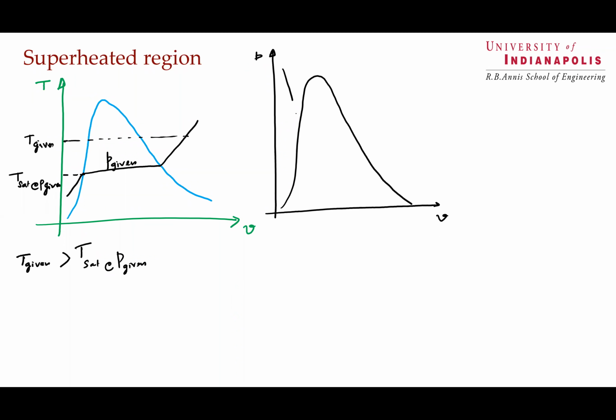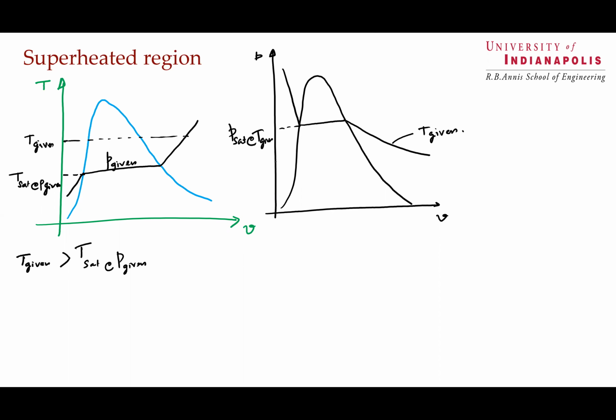So at the given temperature, I can draw this is T given, right? And this is P sat at T given.